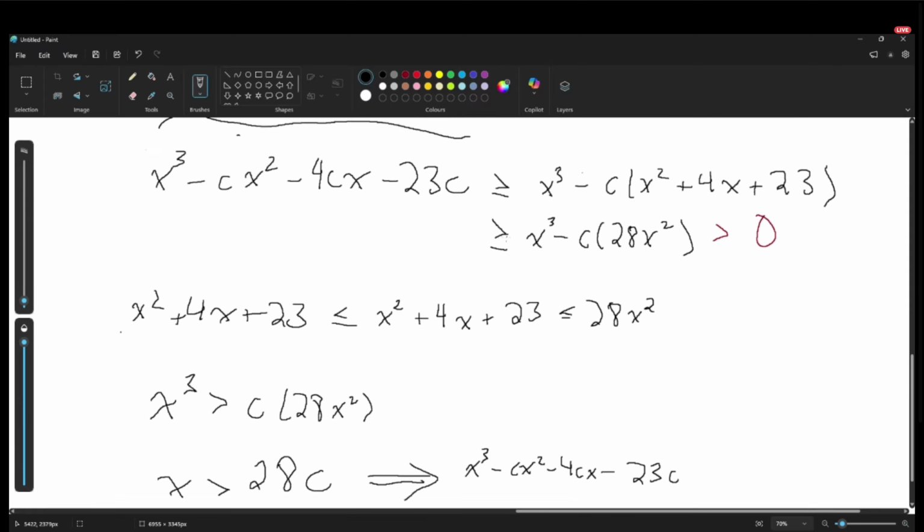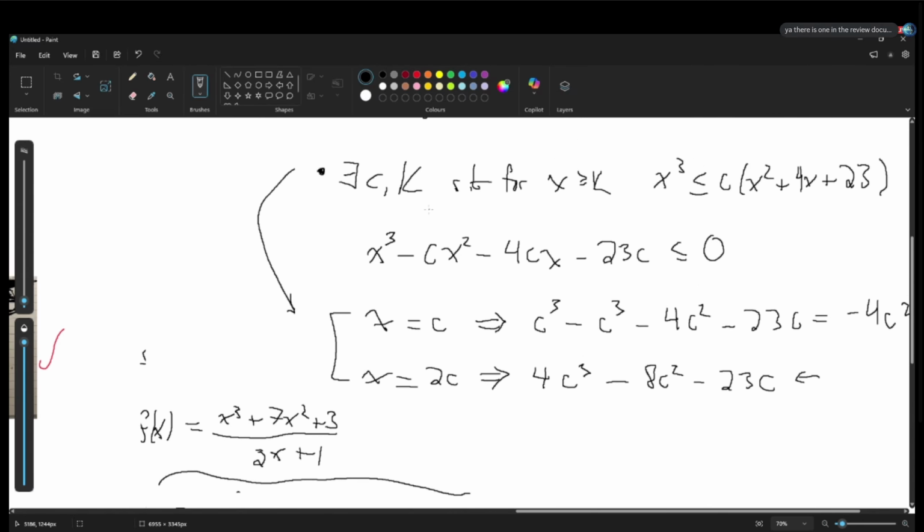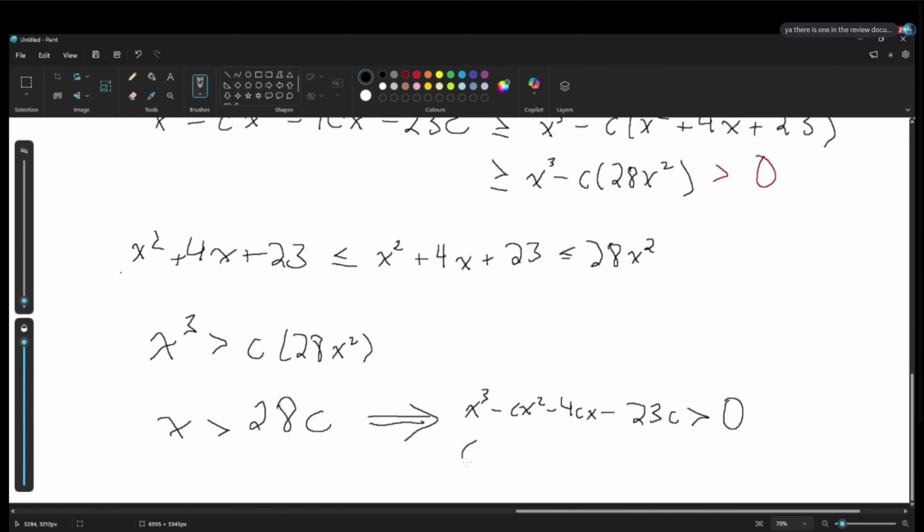So this makes sense, and that means that this quantity right here becomes more than 0, right? But we said here that it's always less than or equal to 0. So this is a contradiction. Therefore, no C or K.